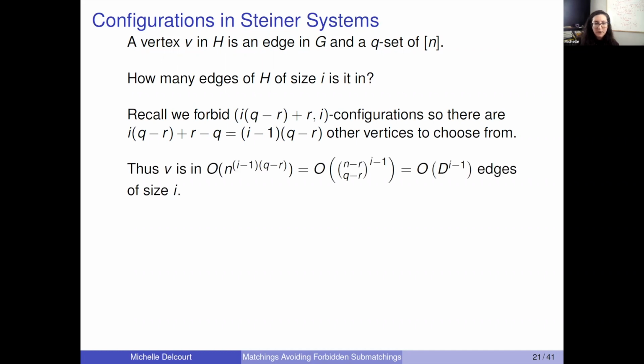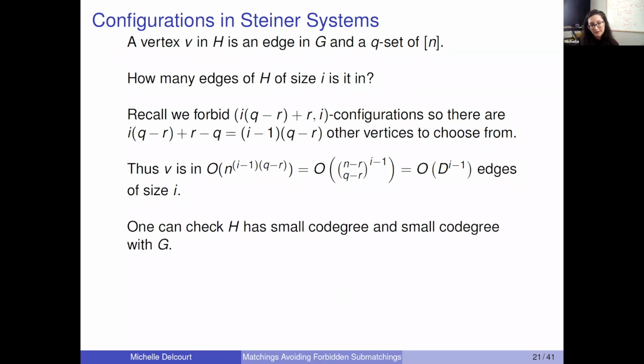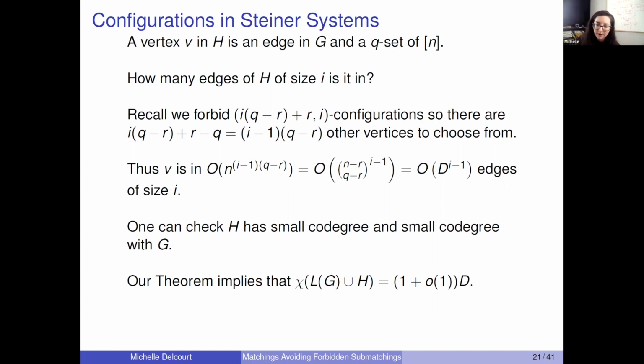And it's not so hard to actually count these and see that the I degrees are what they should be. And you can check a number of the other conditions to make sure that we can apply our main technical lemma. For interest of time, our main technical lemma applies, and we can find matchings that avoid H.